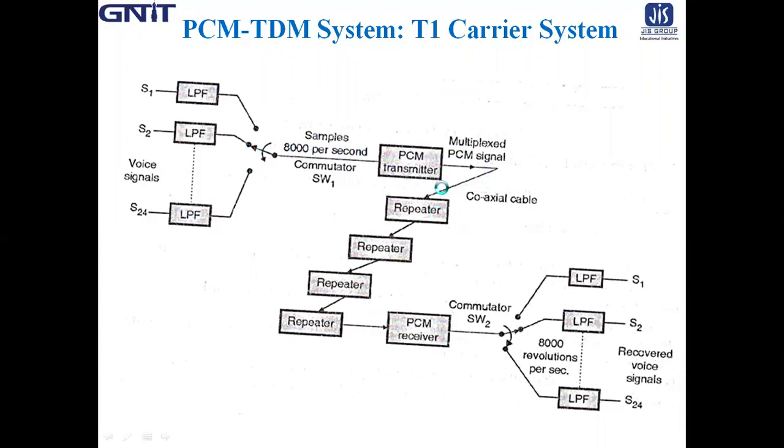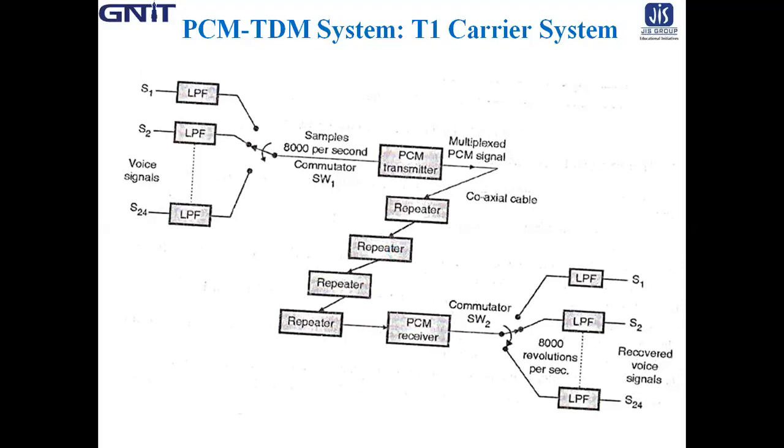Periodically, at approximately 6,000 feet intervals, the signal is regenerated by amplifiers called repeaters or regenerative repeaters. The repeater eliminates the noise and other distortion.